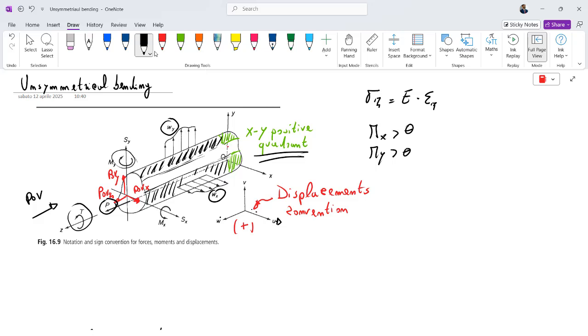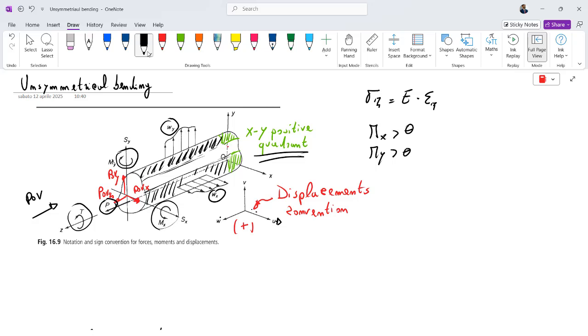So these fibers have a tensile stress. What does all this mean? It means that Mx is positive if it is represented as in figure 16.9, and My is positive if it is represented by a circular arrow as depicted in this figure.